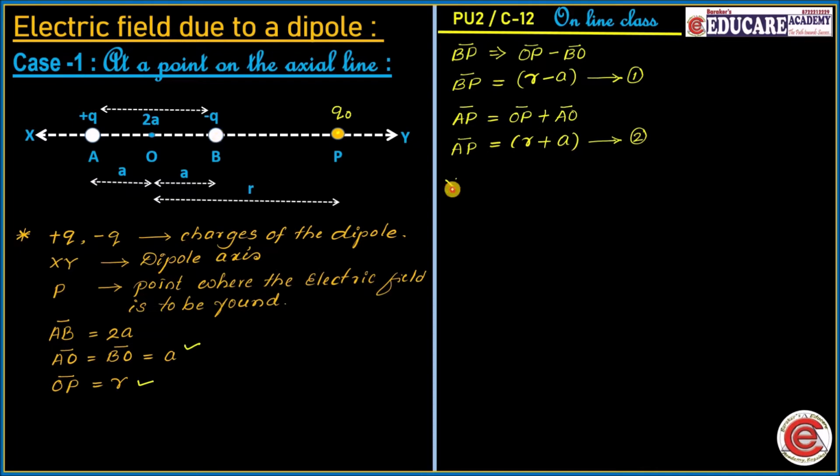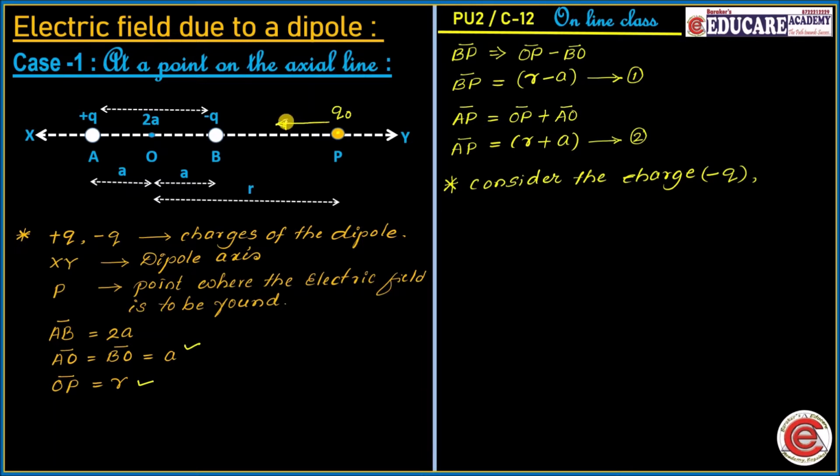Now if you consider the charge minus Q, then the force experienced by the test charge will be an attractive force, because the test charge is always a unit positive charge. So the force will be attractive, and that force will be acting towards the charge minus Q.